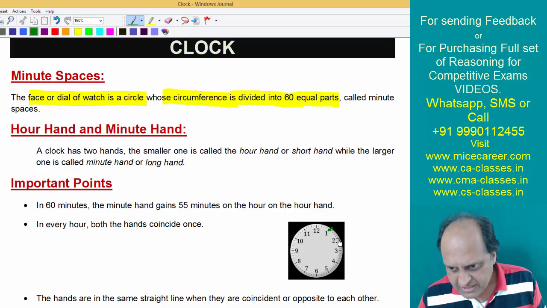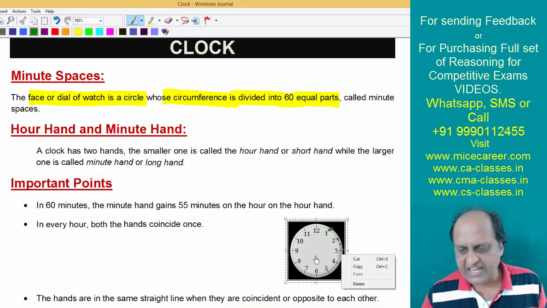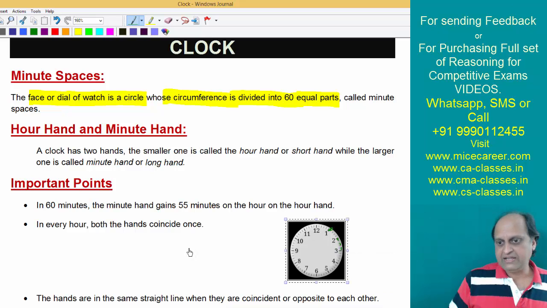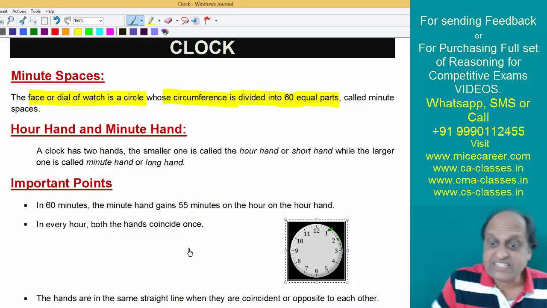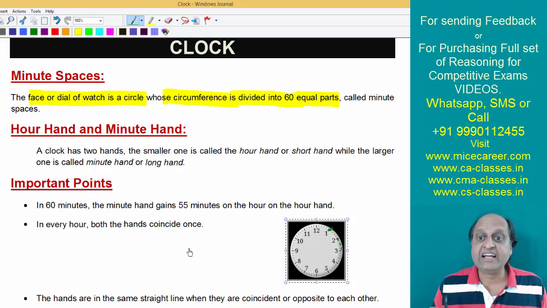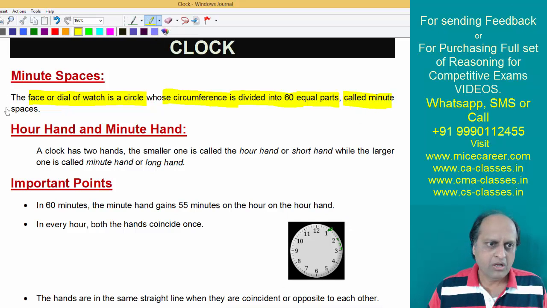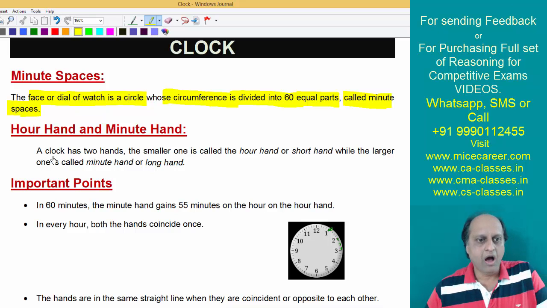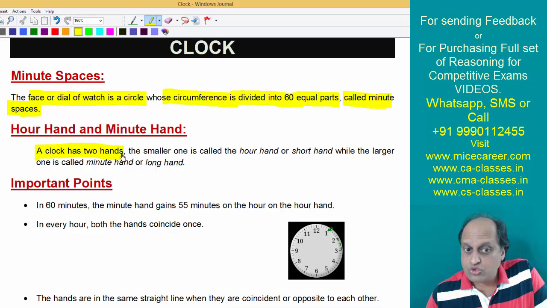This small gap between two small straight lines represents 1 minute, and we have 60 such minutes in the entire clock. And these spaces are called minute spaces. This point is clear? Now, a clock has two hands.